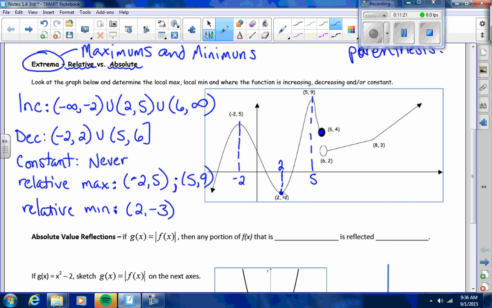Relative to that area of the graph, it reaches a valley. Okay, Chase, do we have another one? Where? 6, 4. 6, 4 is a relative minimum. Relative minimum because it's a closed dot. No other part of the graph at that location is going lower. Okay. Do we have any others?